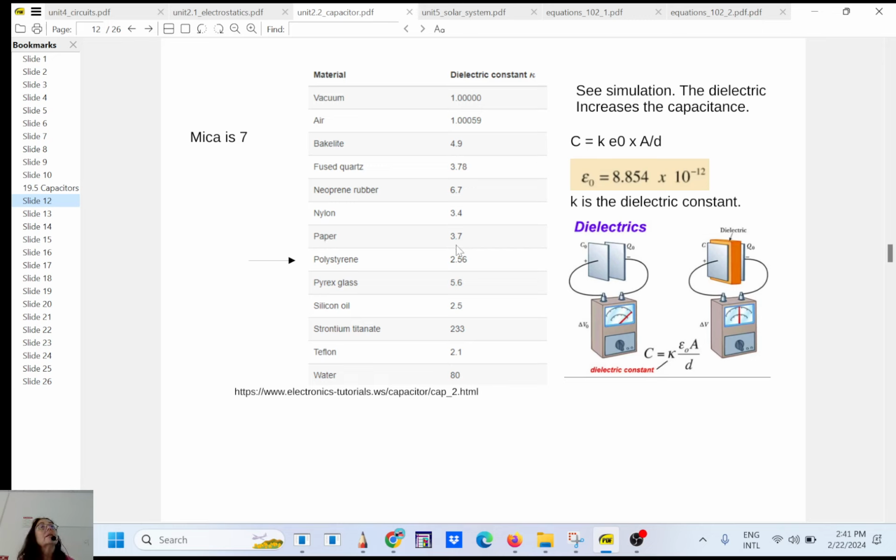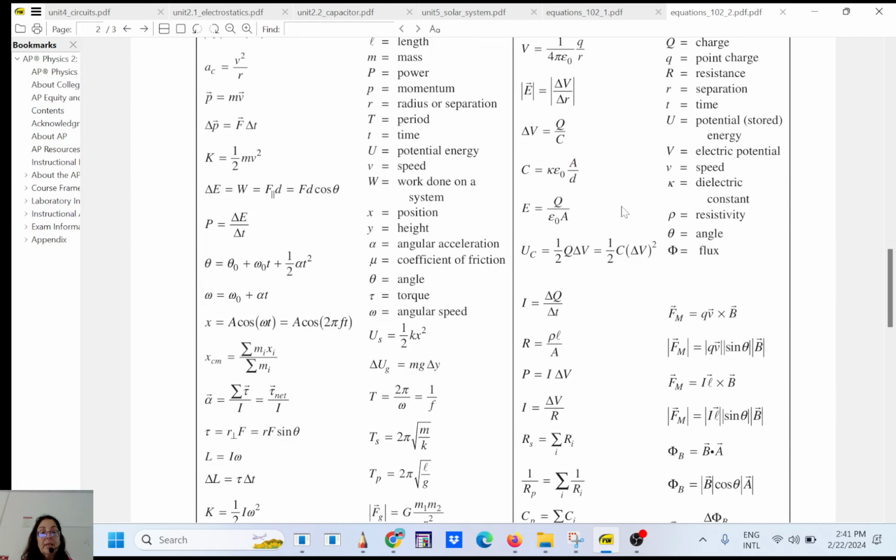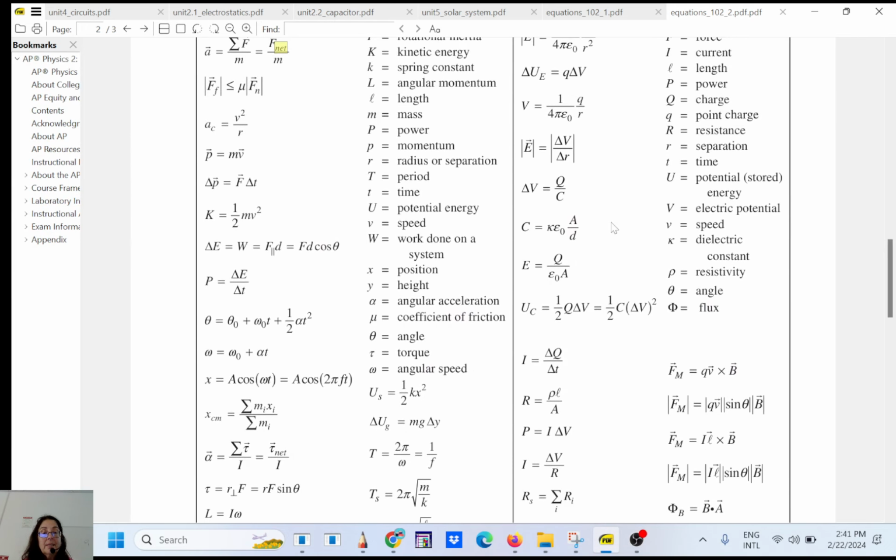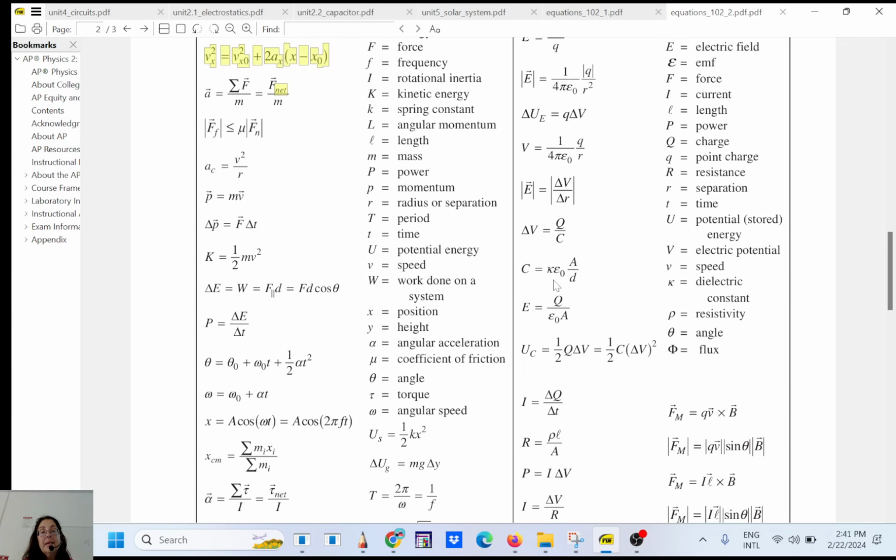Is that clear? So when you are using a dielectric, you are using the same equation, except you multiply by the constant here. It's a lowercase k or kappa, a Greek letter. If I go back to the equations here, see here, the capacitance equals kappa, the dielectric constant, so it depends what you put between the plates, times the area divided by the distance.